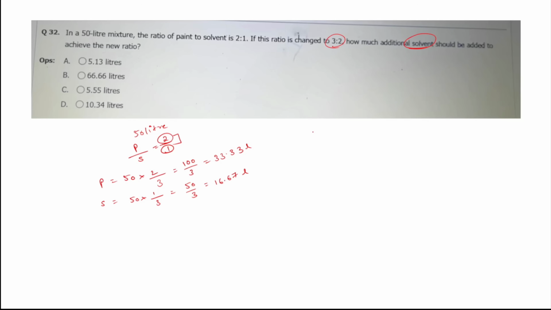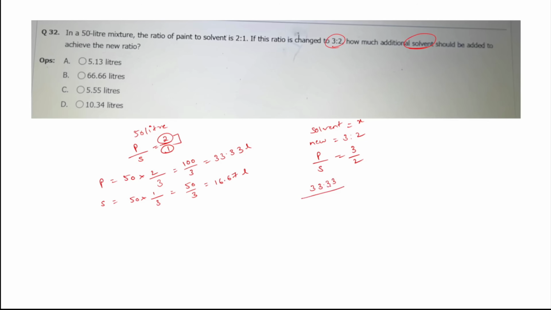So we will take the additional solvent value as X. And the new ratio is 3:2. So the ratio is between paint and solvent. The new ratio is 3:2, that is 3/2. So there is no change in the paint. So write the paint liters as it is, that is 33.33 by.